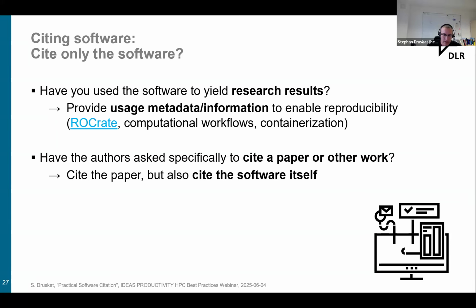There are some ways around this, or some ideas of how to supply this metadata. One is Research Object Crate, which is a linked data format for describing basically a piece of research, including everything you need, data and software, etc. Computational workflows in some disciplines help, and containerization may also help. But like I said, I don't think there is yet a standard that works across the board.